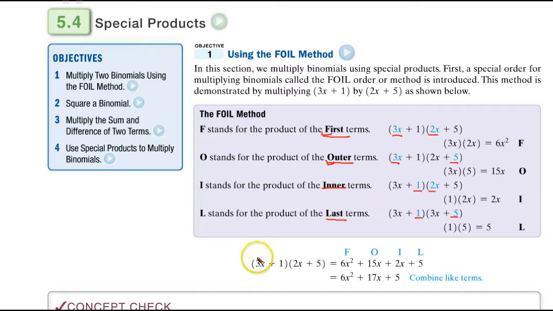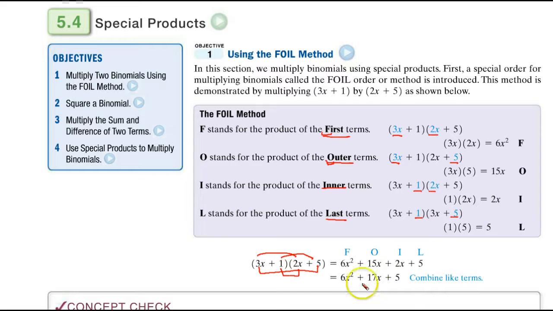So another system that's often used, a line there, a line there, a line there, and a line there. Now FOIL is just a method of operation. In a sense, it's considered a special way to do it.